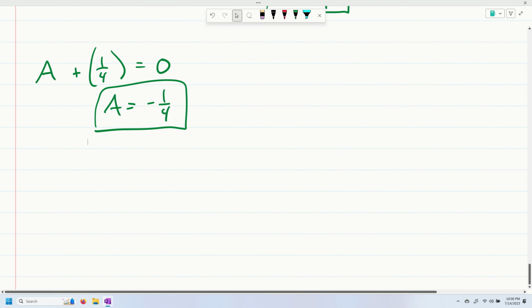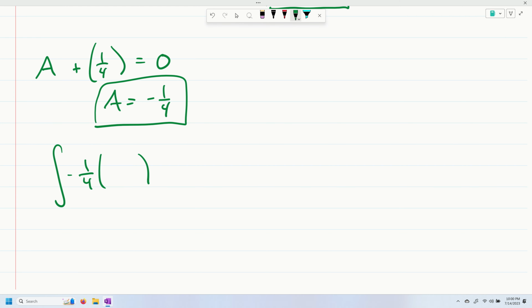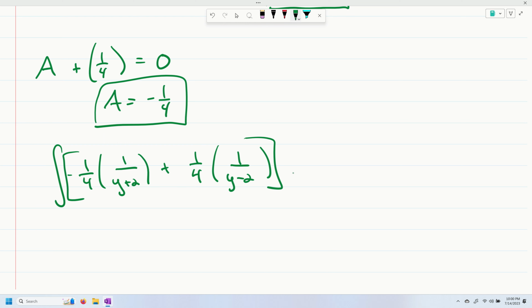So, at the end of the day, we're going to get the integral of negative 1/4 times 1 over y plus 2, plus 1/4 times 1 over y minus 2, dy.